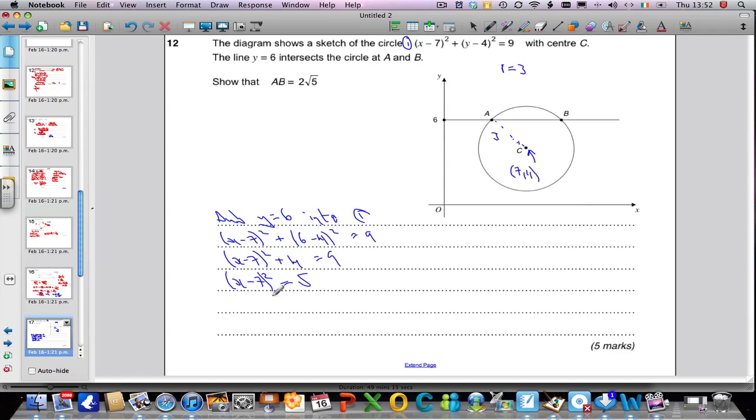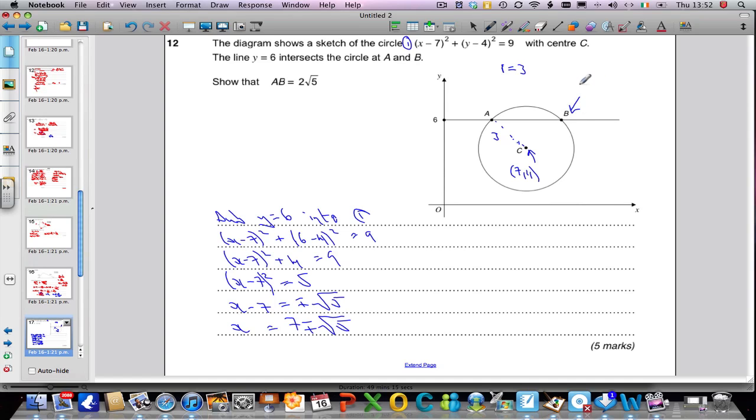Should be a little bracket here. (x - 7) squared must be equal to 5, which means that x - 7 should be equal to plus or minus root 5, which means x equals 7 plus or minus root 5. So I know that x is 7 plus root 5 or 7 minus root 5.